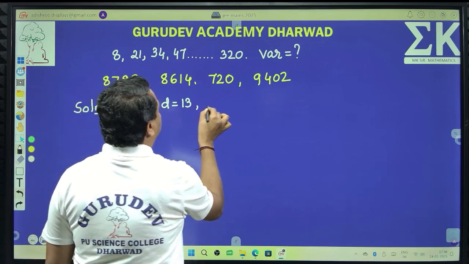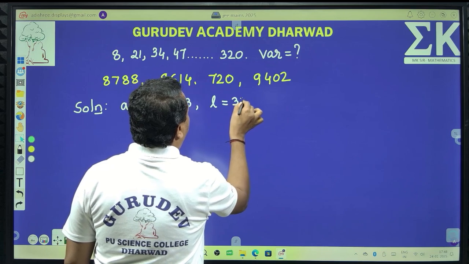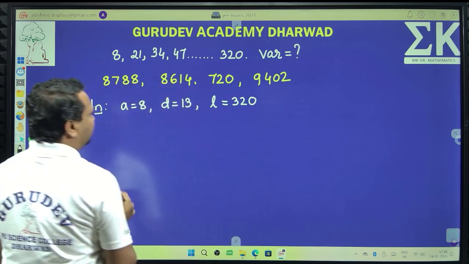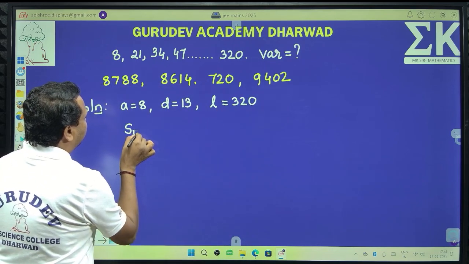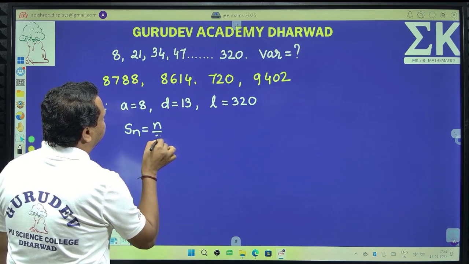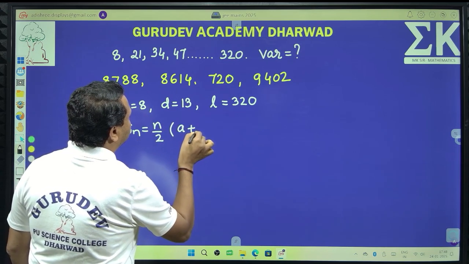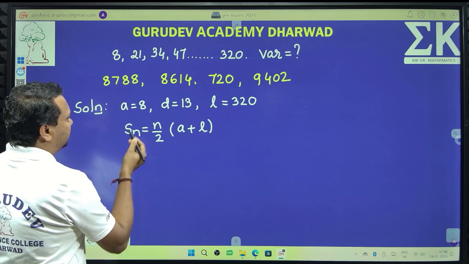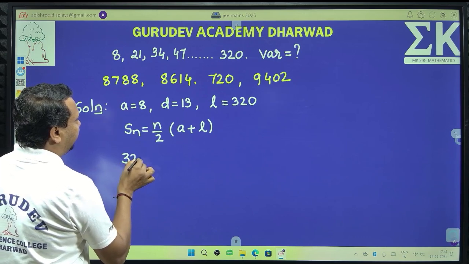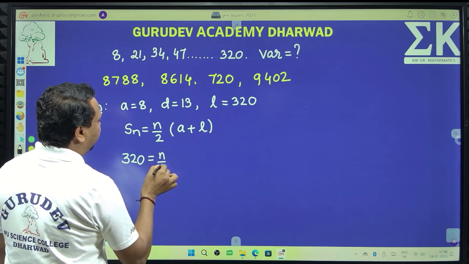And the last term is how much? 320. Therefore, it is easy to understand that Sn is equal to n divided by 2 into first term plus last term. So what is the last term? 320. N I want to calculate.